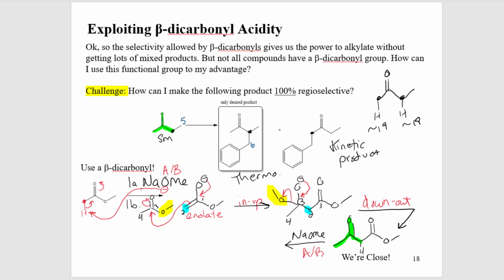So we're going to do acid-base chemistry. And then you're going to add an alkyl halide so that you can do an SN2.